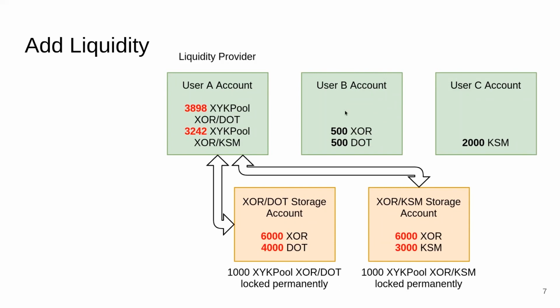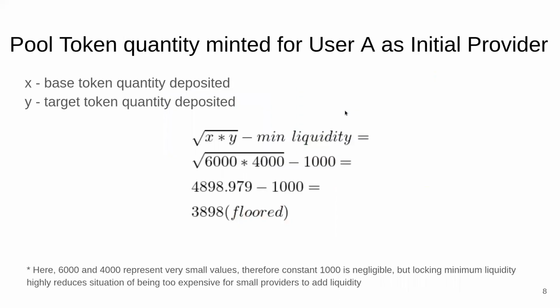Next step, also, these are the formulas for these calculations, and the initial provider also needs to sacrifice some minimum liquidity, which is constant and considered to be negligible compared to token value, and that minimum liquidity is needed to highly reduce the risk of the pool being too expensive for small providers to add liquidity.